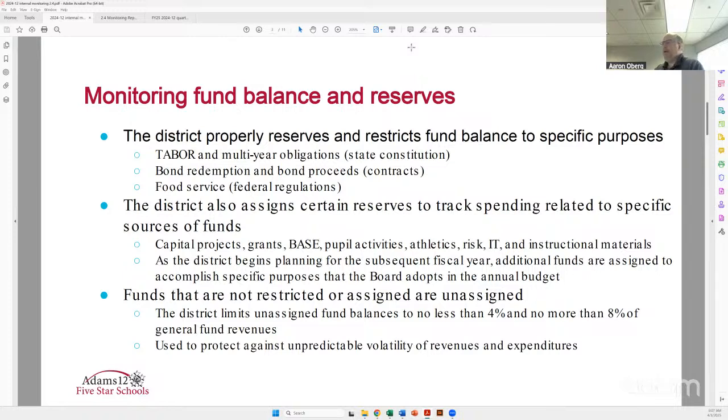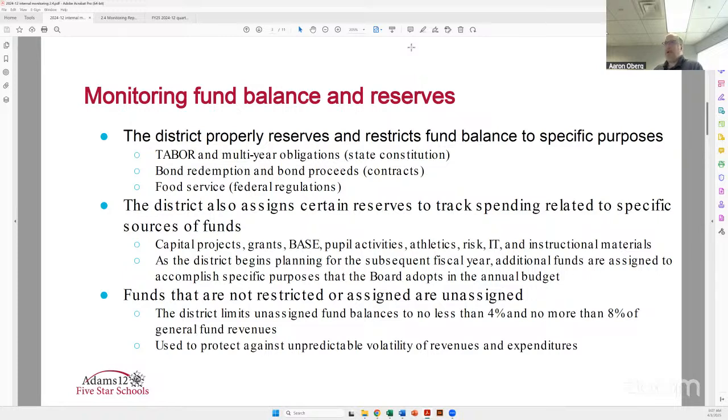We also do set up assignments, for example, on risk. And we've talked about risk, IT, and instructional materials as those key essential items that we want to make sure we are properly reserved for in the event that something happens.